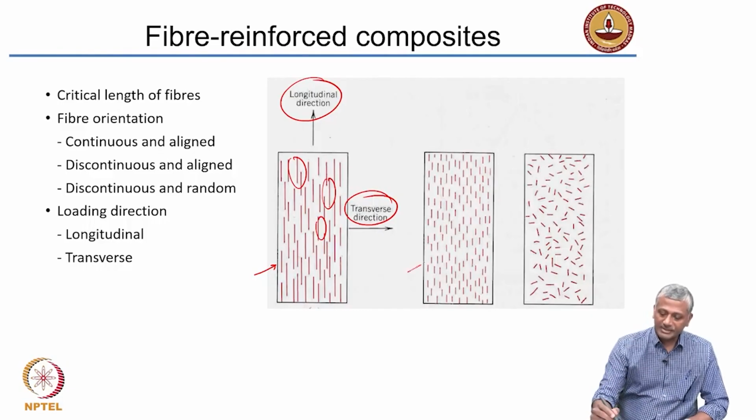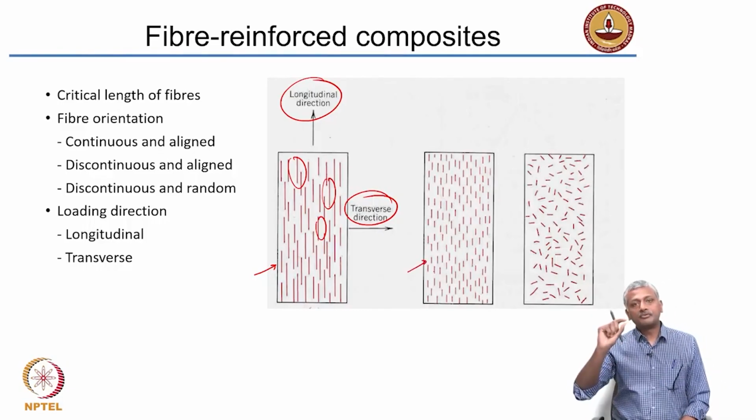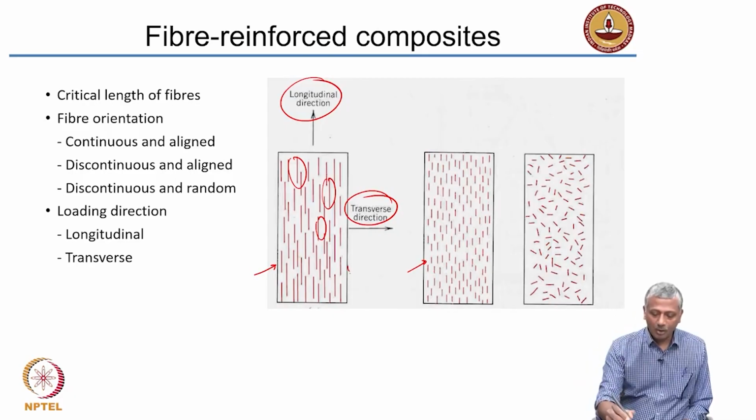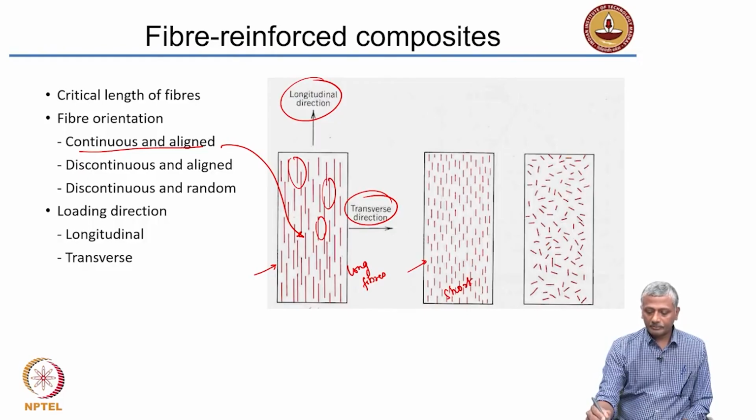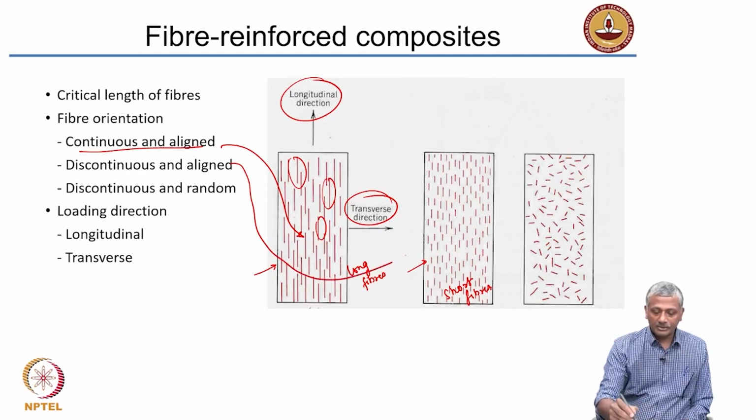Now you can also have a scale of fibers which is very small, very short fibers. Here these are long fibers which are continuous and aligned. You can have short fibers that are still aligned but they are discontinuous.